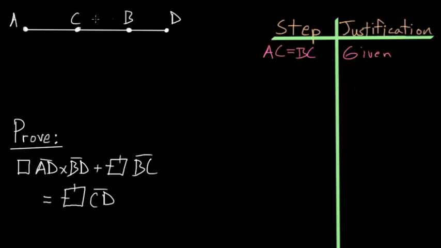But if you want to look at it in a more algebraic way, you can call this A, so that would make this A as well, and this can be called B. And what we're trying to prove is that if we take this entire line AD, so that would be twice A plus B, and we multiply it by this short section, BD, which is just the letter B, and added to this is the square on BC, so the square formed by A, and all of this is equal to the square on CD, which is just A plus B, and we have to square that.